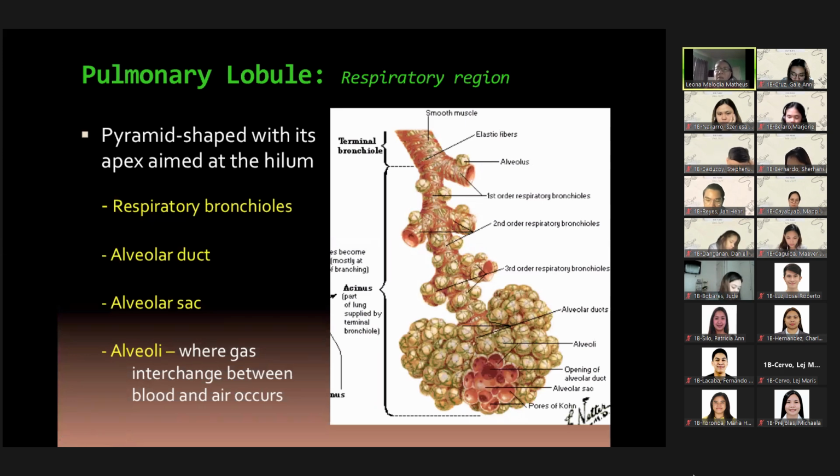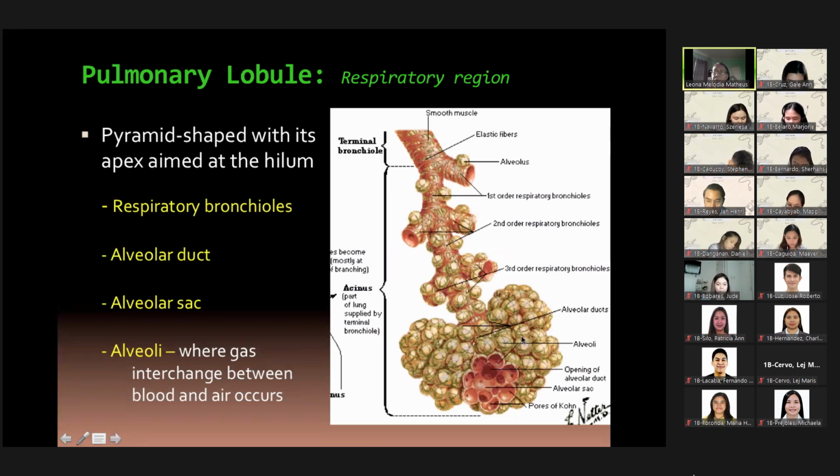Now, after the respiratory bronchiole, we further divide into smaller parts up to this portion here, where we will already have what we call your alveolar duct. And from the alveolar duct, we will now have a group of alveoli like this one here. This group of alveoli is what we call an alveolar sac. And of course, an individual sac is what we call an alveolus.